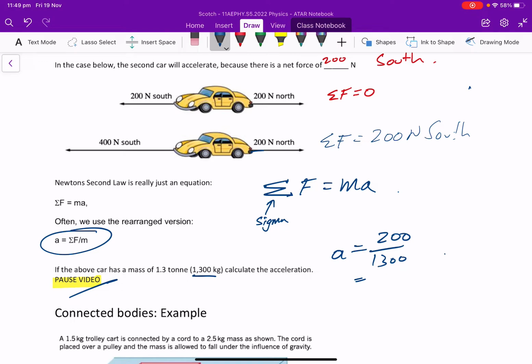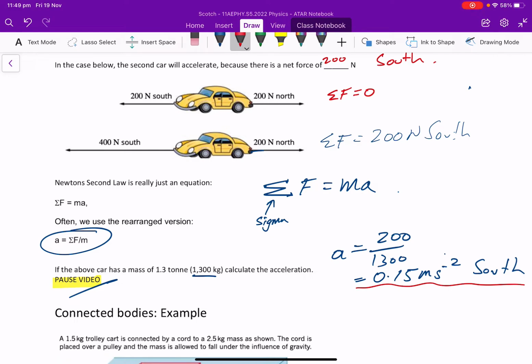I get 0.15 meters per second squared south. Don't forget the direction. And that's a pretty small acceleration. Obviously, it needs a pretty big force to really accelerate a heavy car in an appreciable way.